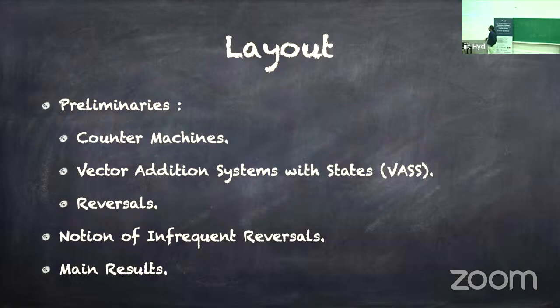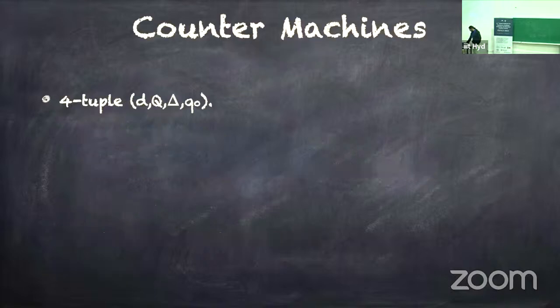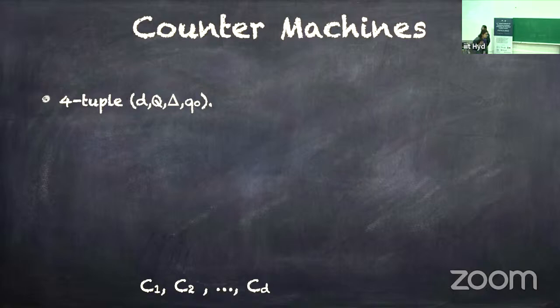First, I'll start with some preliminary definitions, followed by explaining the notion of infrequent reversals that we introduce in this paper, and then finally we will discuss our main results. So, counter machines. A counter machine is a tuple (C, Q, δ, q0), where C contains C1 to CD, counter variables that can take non-negative integer values.